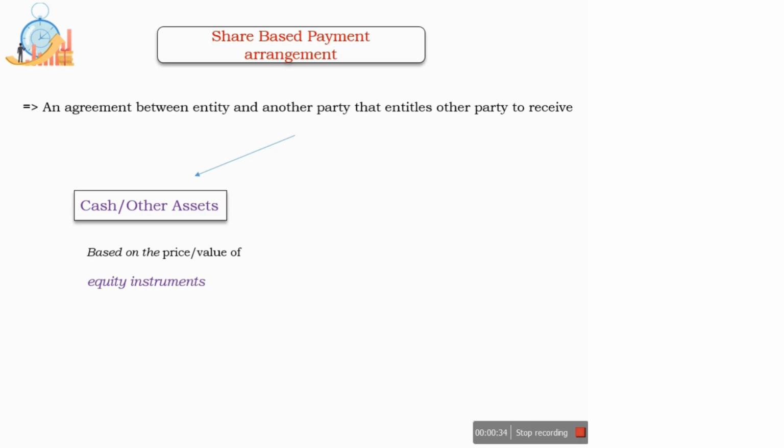So here it is called cash settled transactions. These transactions are paid in cash, but the price of remuneration is defined based on the price or value of the equity instruments, and these transactions are classified as cash settled transactions.